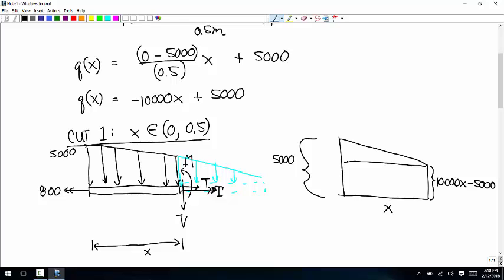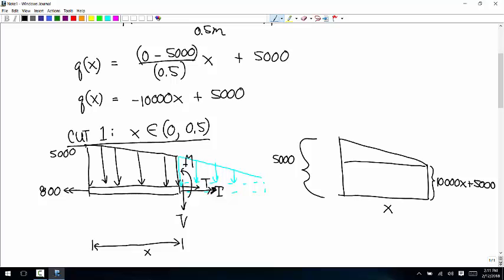And so what we really need to break this up into a triangle and a rectangle is we have the 5,000, but we really want the height of the triangle. We can do that as just 5,000 minus this. That's going to be the height of the triangle. So 5,000 minus the quantity 10,000x minus 5,000. The 5,000s cancel out, because this should be plus.